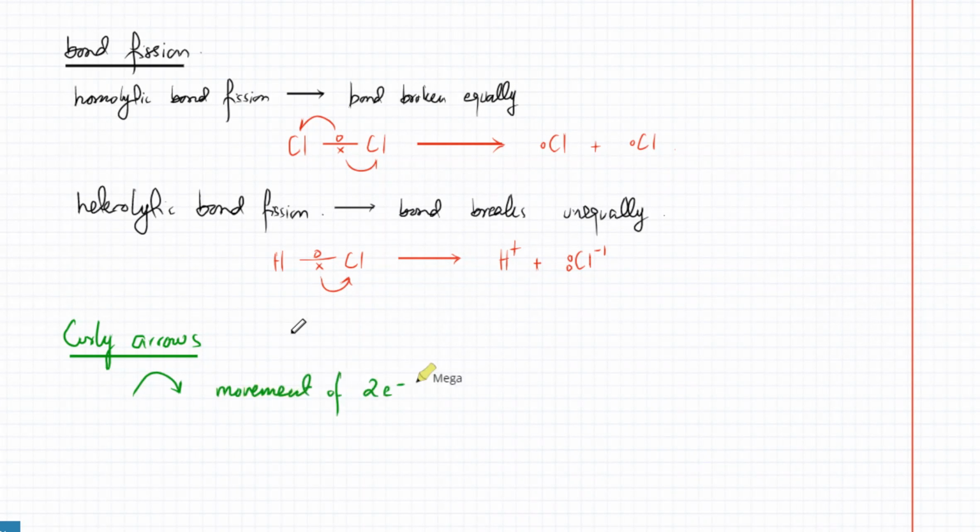So if two electrons are moving, like over here in the HCl molecule, the two electrons went towards Cl. So that shows the movement of two electrons. Vice versa, if you have one electron moving, it's going to have a half arrowhead. So that shows the movement of just one electron.